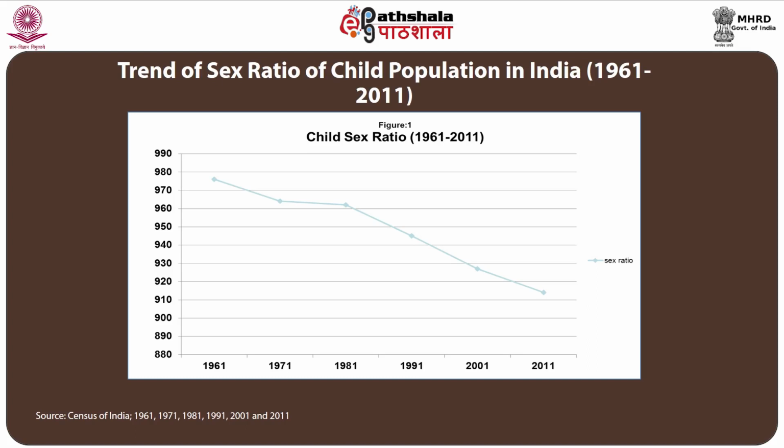It is quite surprising that the child sex ratio has always been declining, despite the fact that in recent years there has been some improvement in the sex ratio at birth as well as in the sex ratio of mortality.